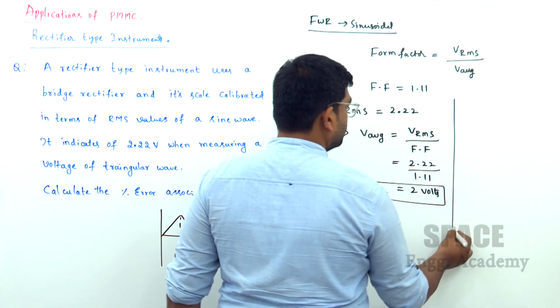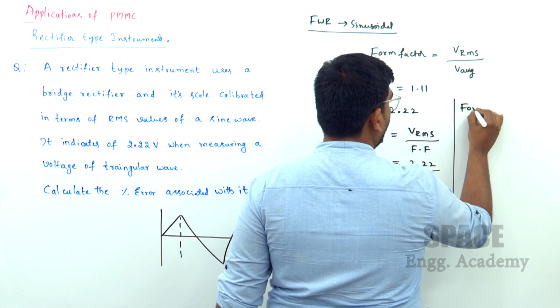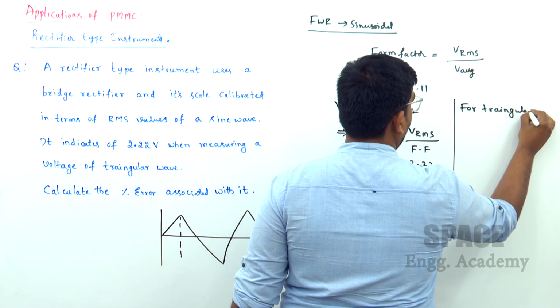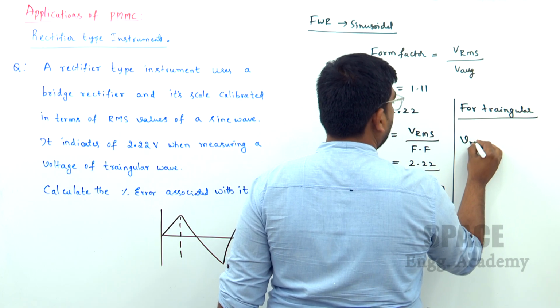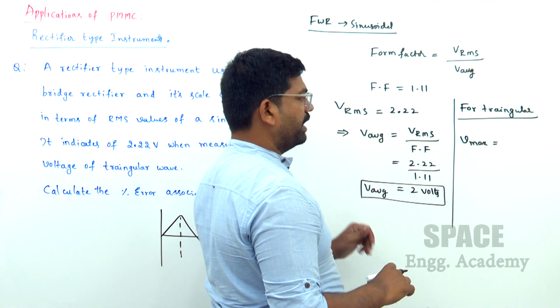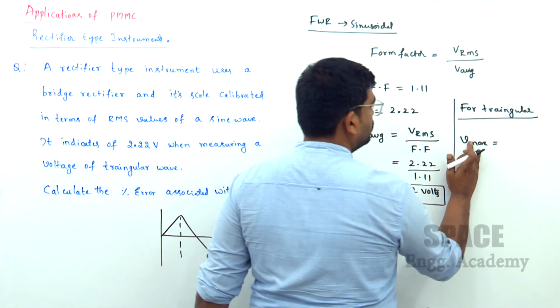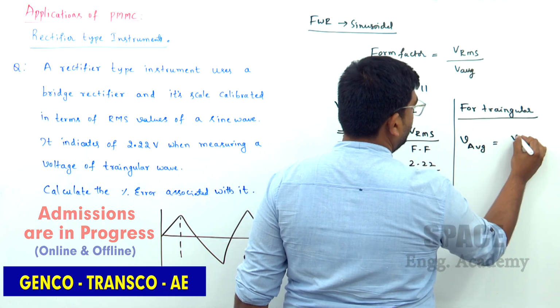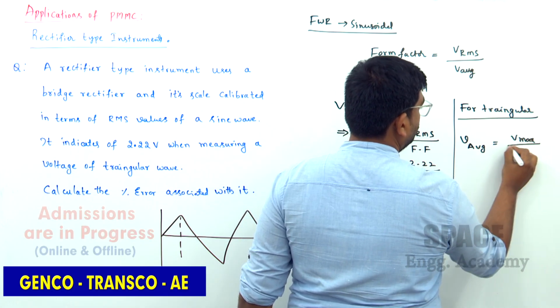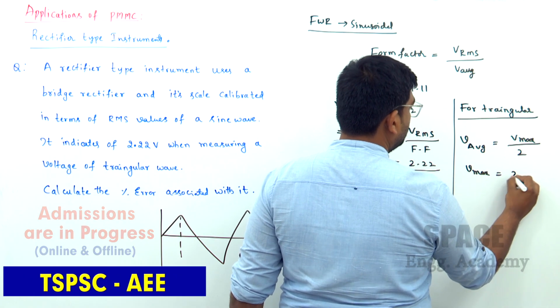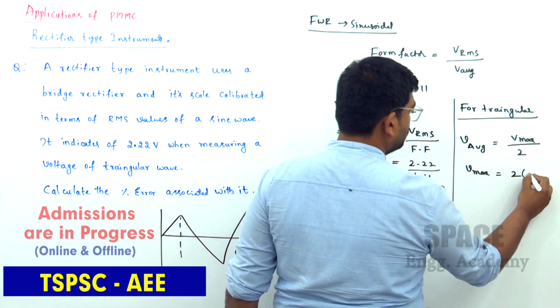So, here for triangular wave, maximum value will be what? That is average is what? Vmax by 2, right or not? For triangular waveform, average is Vmax by 2 we will get. So, from here Vmax will be 2 into V average, which is 2.